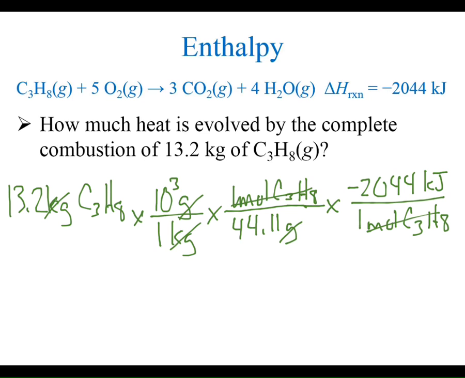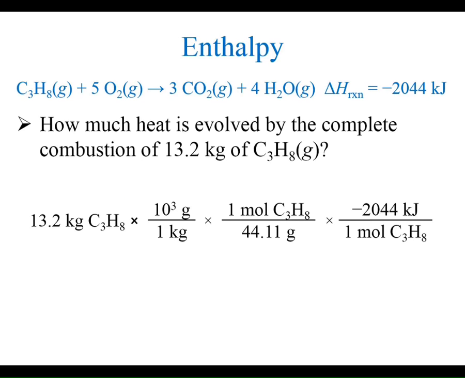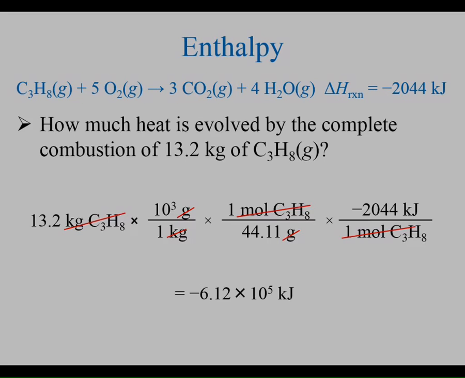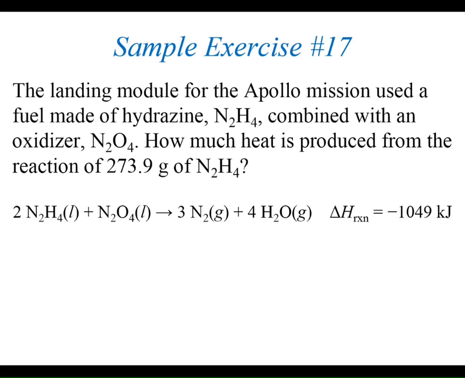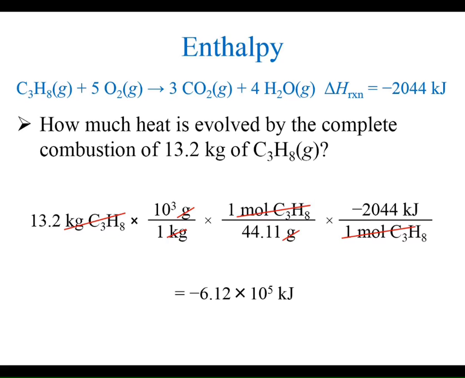Okay, so punch that in your calculators. Let's see what you get. You're going to get some negative number because heat is being lost, being evolved. Good. Okay, I got negative 6.12 times 10 to the 5th.